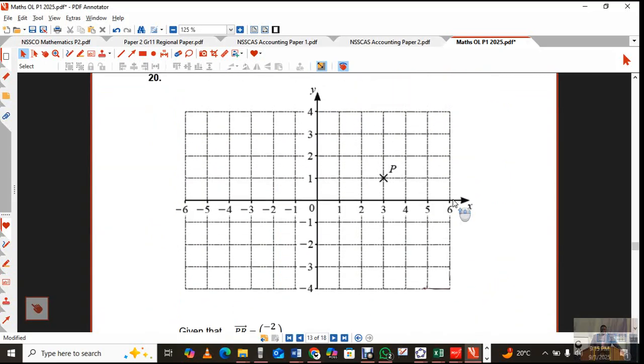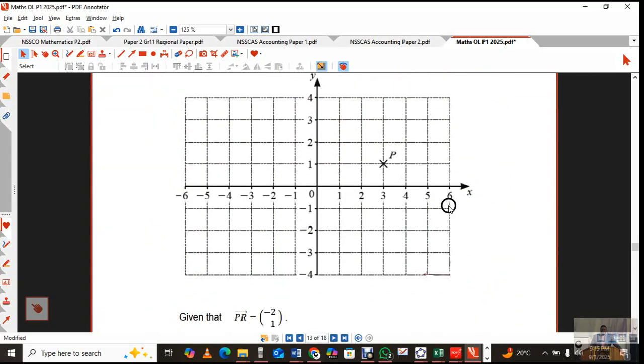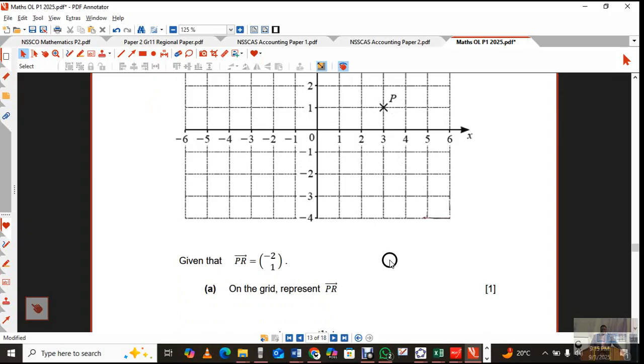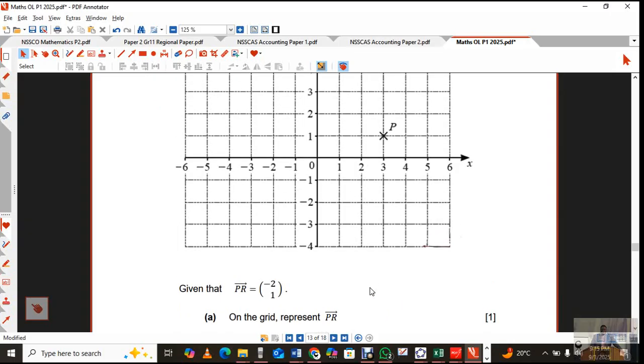Question 20, they say find P, given PR is equal to (-2, 1), 1 on the grid represents PR. So what you have over here, the top component gives the x direction, and the bottom one gives the y direction.